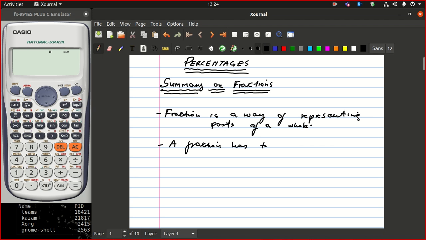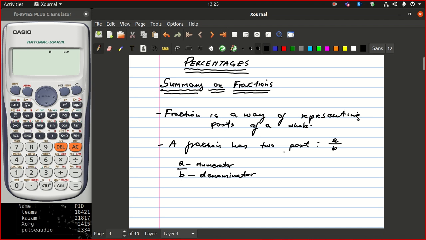When I say two parts, I mean a fraction can be written in the form a over b. The top part, a, we call the numerator. And the denominator, which is b, the number at the bottom, we call the denominator. When we are talking about the numerator, what we are actually talking about is how many parts you have.